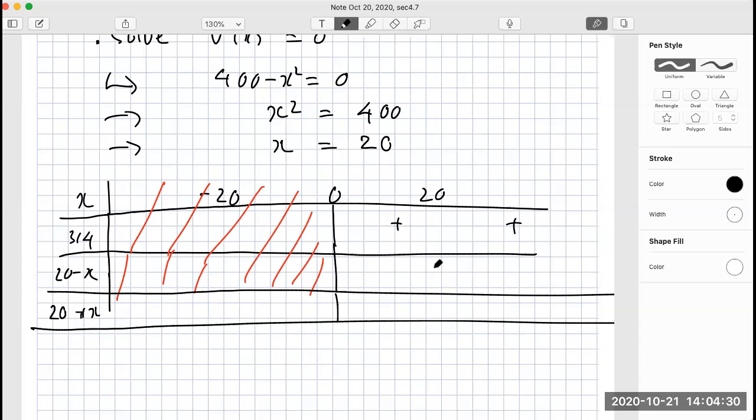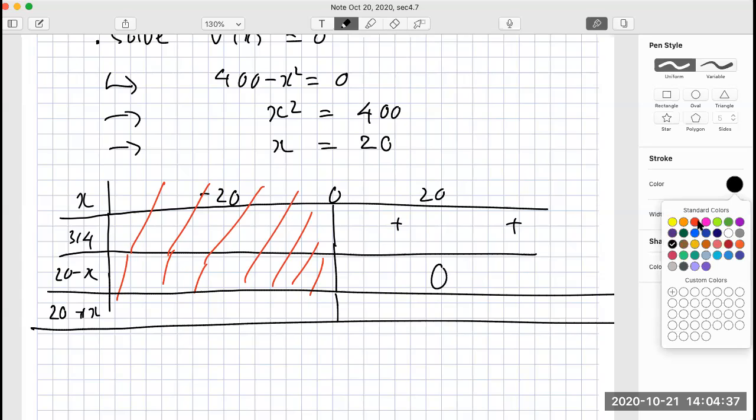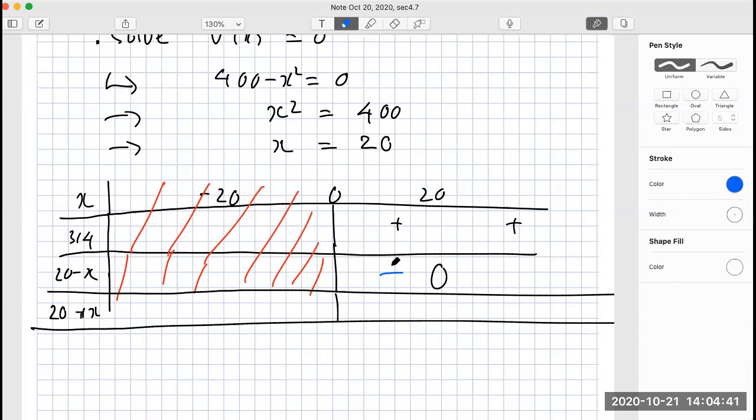It is 20 right here. It would be 0. From the left-hand side of this one, is it positive or negative? Yes. And this one is always positive, right? Good job.